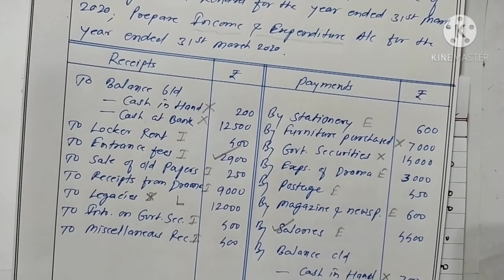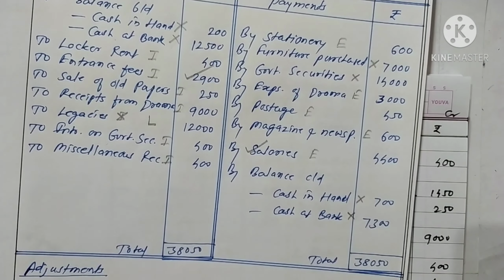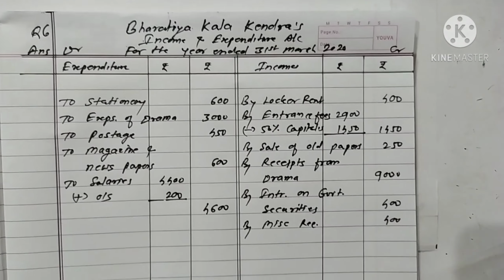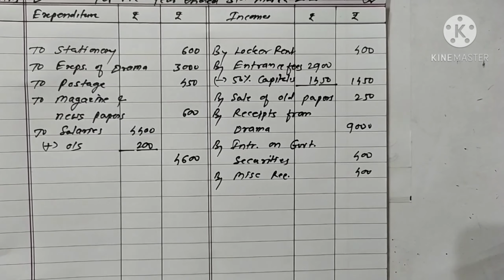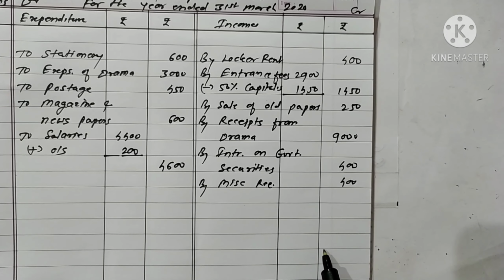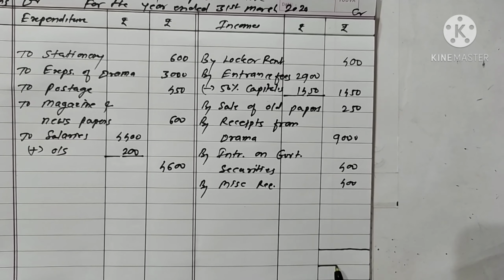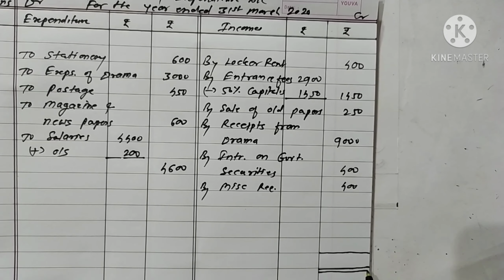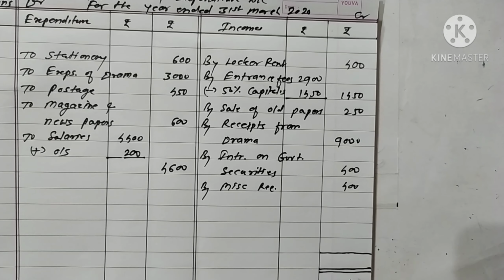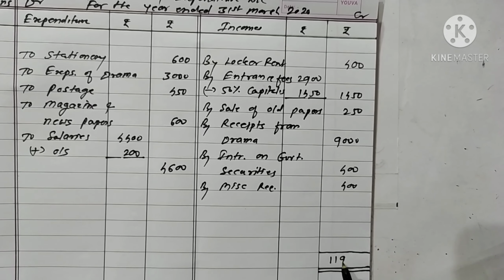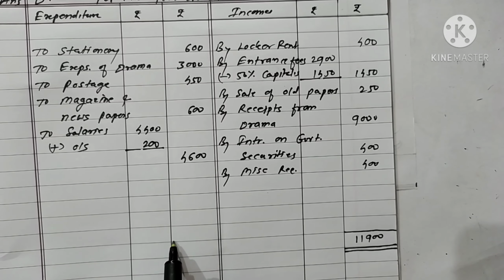Okay, now see once again. Nothing else. We go to close the income and expenditure account. The total of the income side is greater than the expenditure side. The total is rupees 11,900. We write 11,900 on the debit side also.